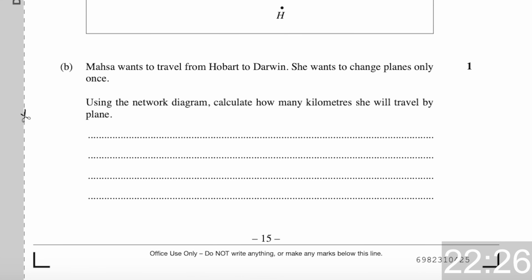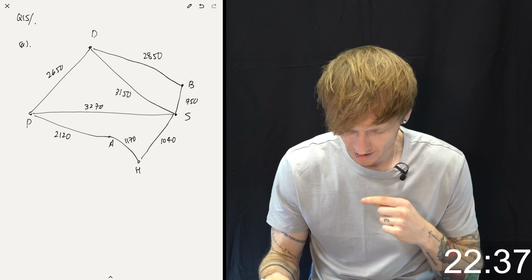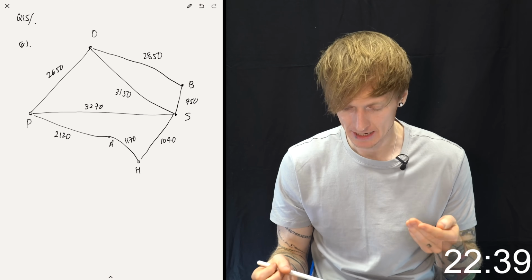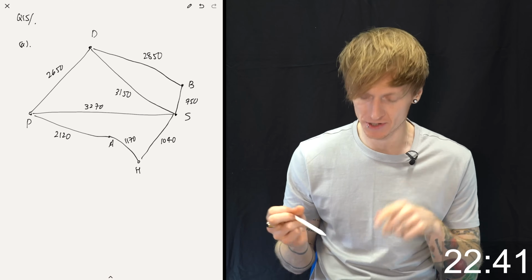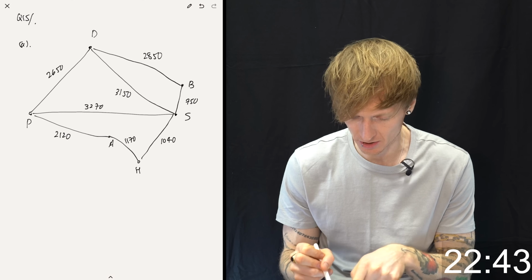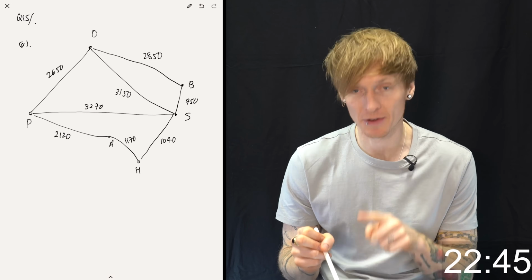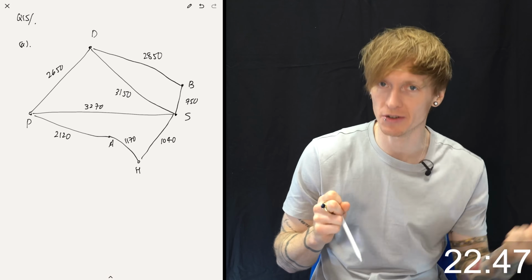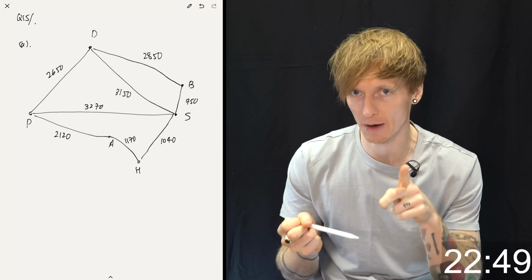Masha wants to travel from Hobart to Darwin. She wants to change planes only once. So you have to go via Sydney. Your options are you can either go Hobart to Sydney or Hobart to Adelaide, but if she goes to Adelaide, she then has to go to Perth and change a second time, so that wouldn't work.